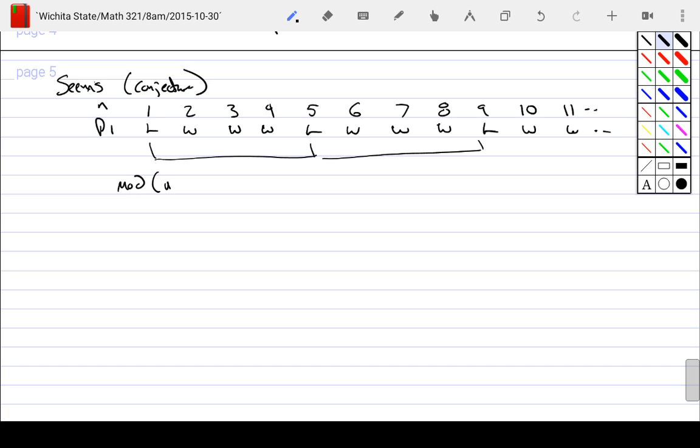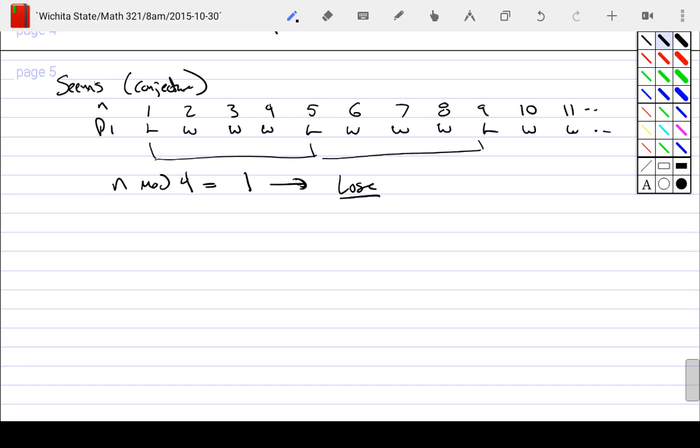What do I notice? Let's do it the way the book does. N mod 4 equals 1. What numbers does that give? 1, 5, 9, 13 means what?